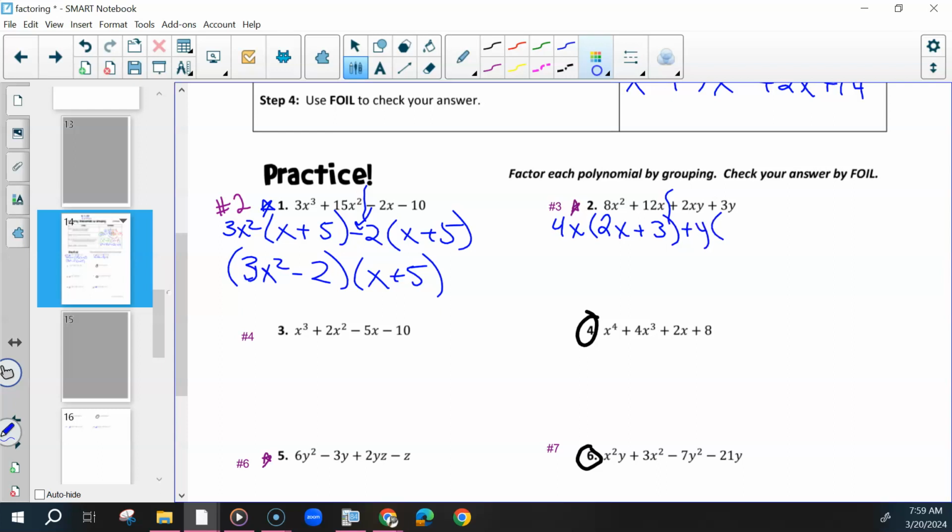So we can divide them both by y, which would leave us with 2x plus 3. And then our two factors would be what? 4x plus y, and 2x plus 3. It doesn't matter if you put the outside factor first or second, as long as you have them both. Any questions, confusion so far?